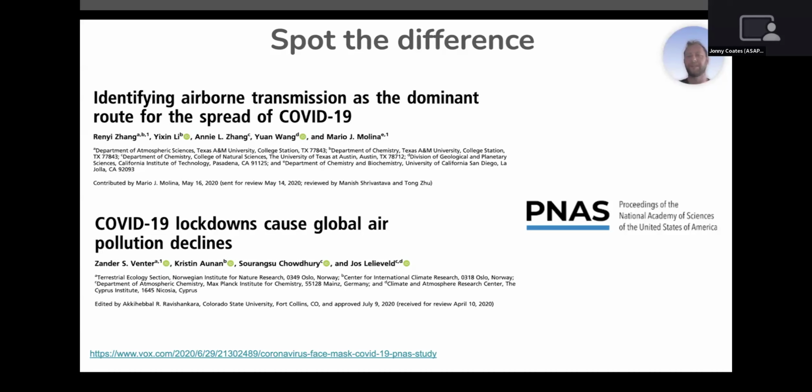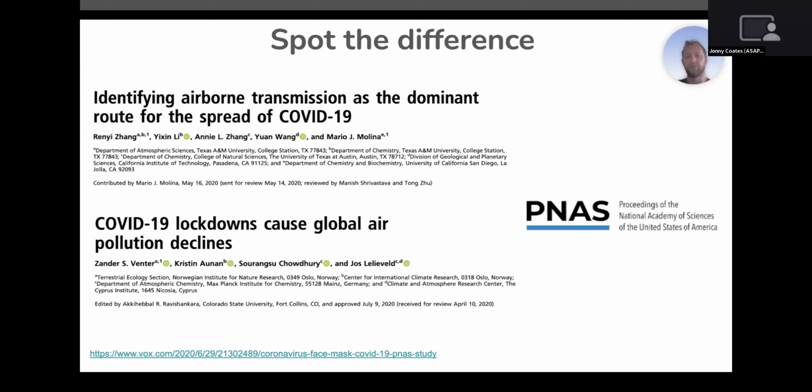Would anybody like to take a guess which one of these was peer-reviewed, but the peer reviewers were chosen by the authors of the paper? So these are different papers. But one paper was peer-reviewed in the system we would normally expect.